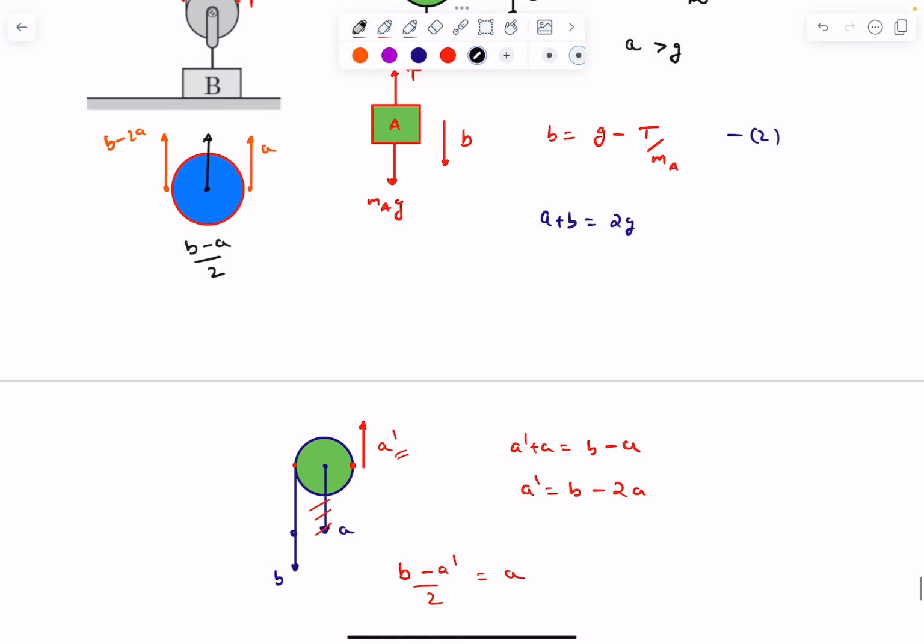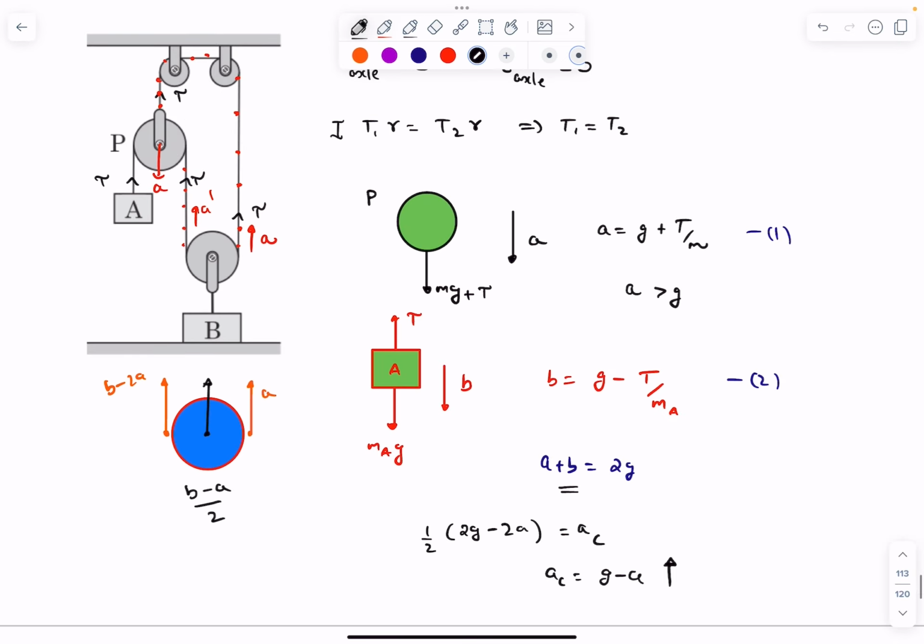So now let's eliminate B by using this equation. So this is going to be half of 2G minus 2A. So this is the acceleration of the center of this pulley, and this comes out to be G minus A in the upward direction.